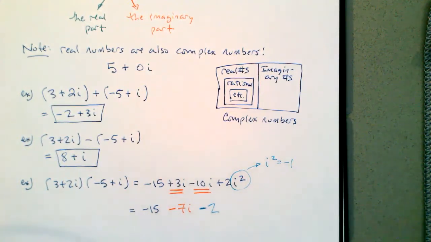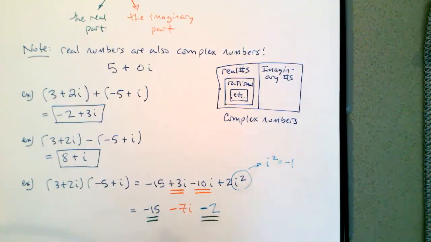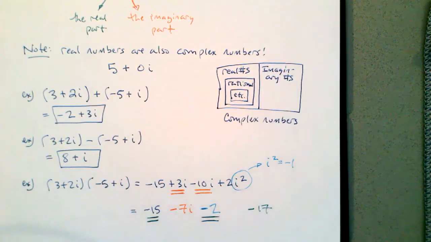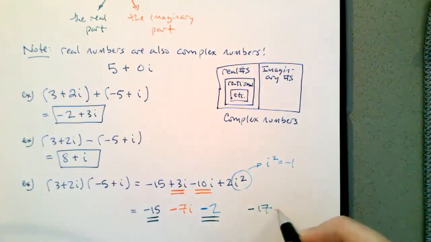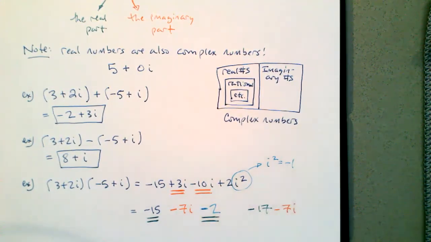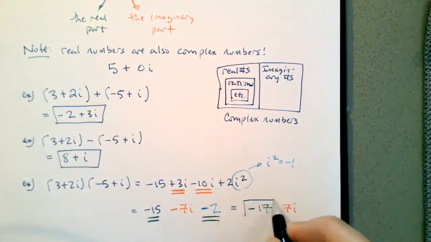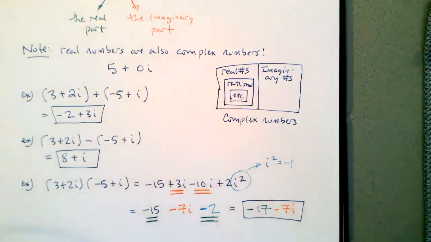Then we end up with some like terms again. Now I can combine the -15 and the negative 2. Negative 15 minus 2 is negative 17, and I still have minus 7i. So it's just polynomial operations, but with complex numbers.